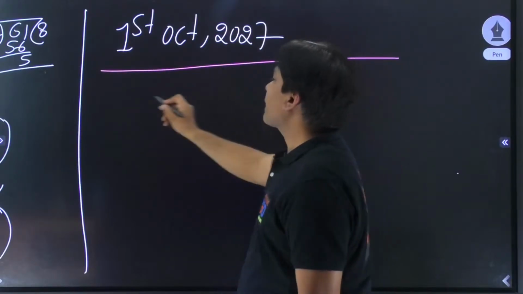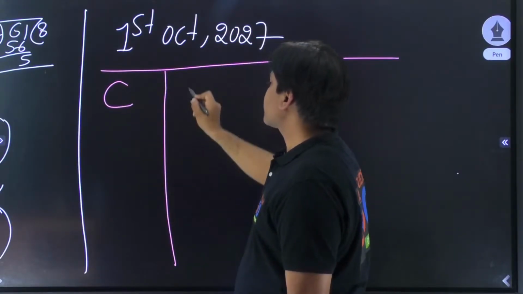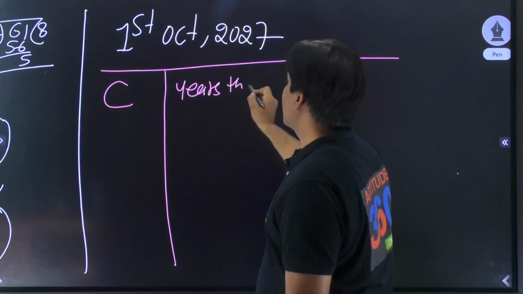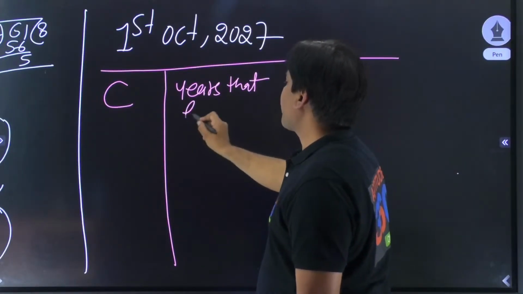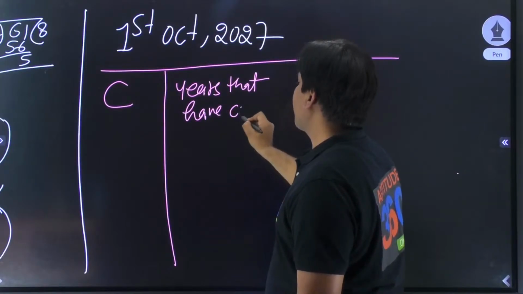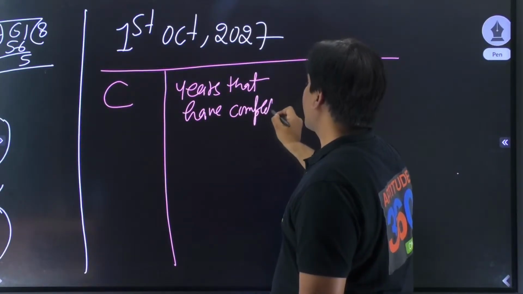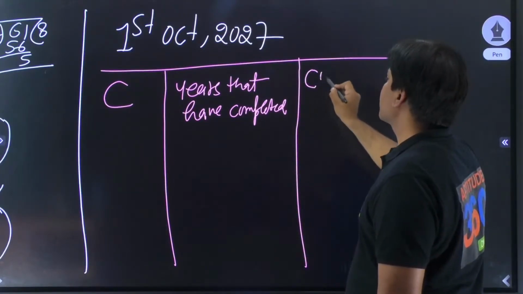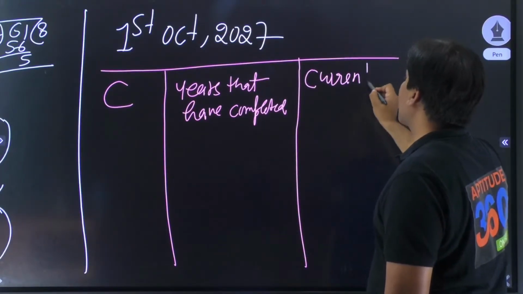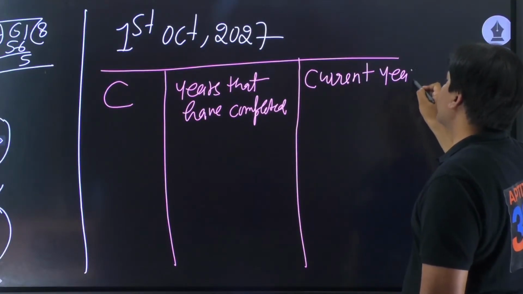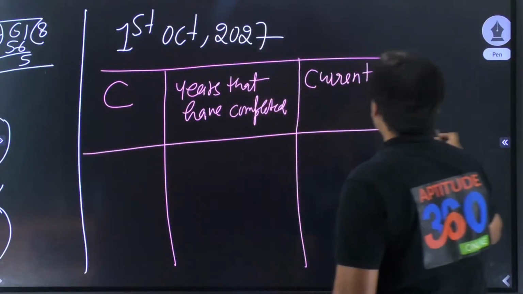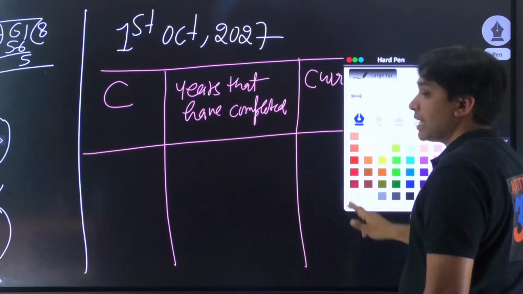So, century. And then you have got this as current year. Do the calculation, people. What is the answer?